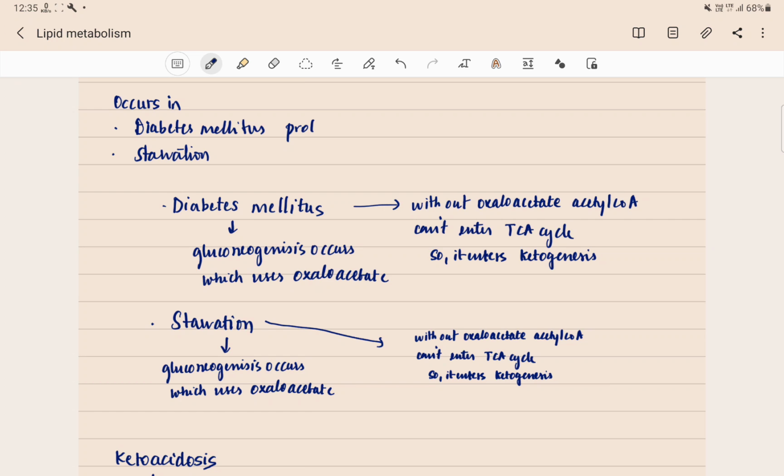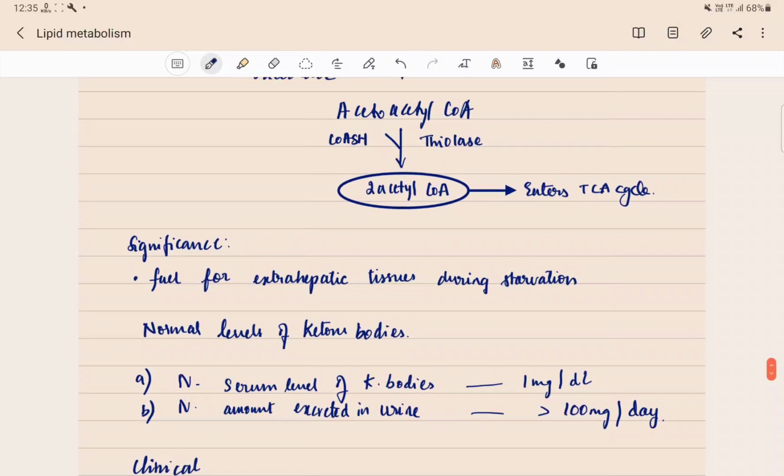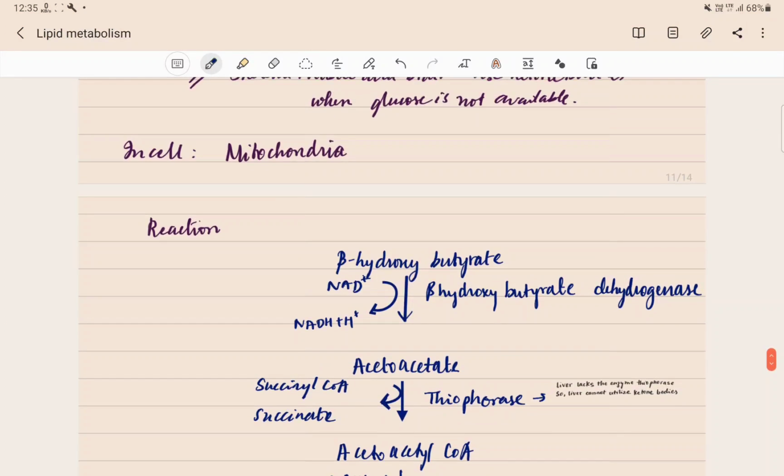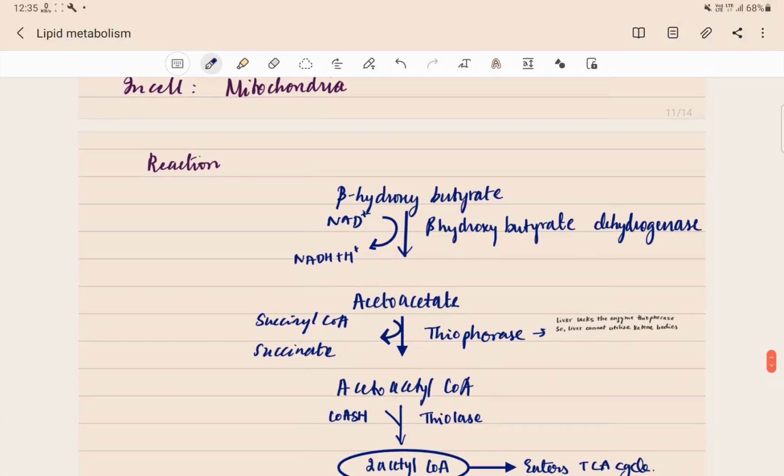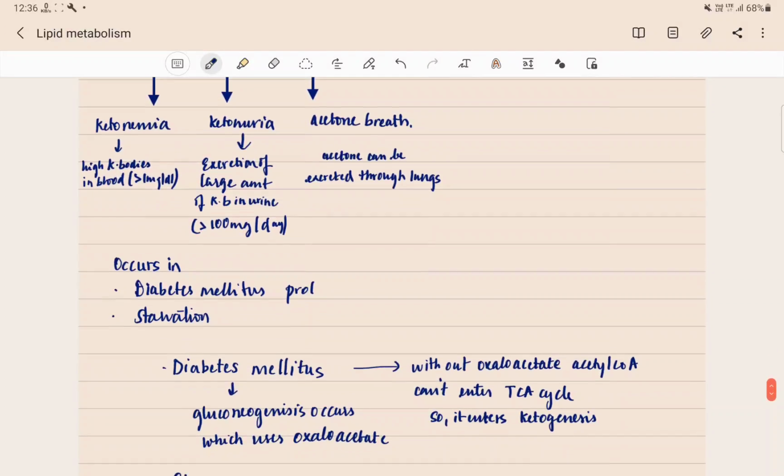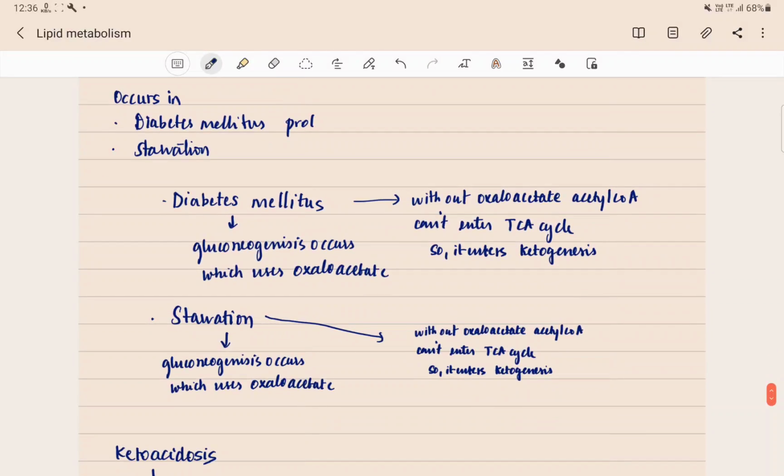Gluconeogenesis uses oxaloacetate, so oxaloacetate is reduced. Without oxaloacetate, the acetyl CoA cannot enter the TCA cycle because there is oxaloacetate deficiency.